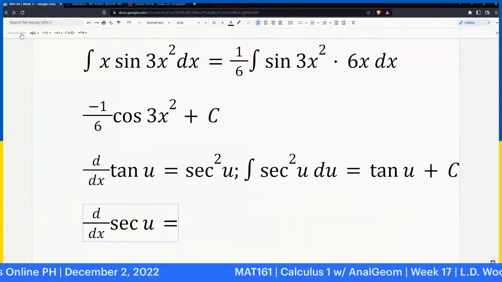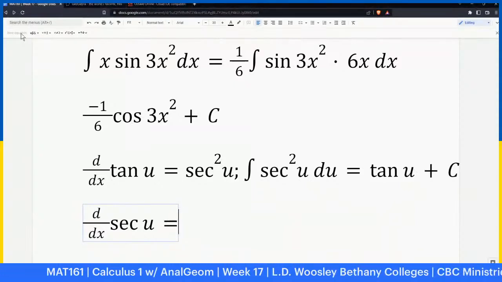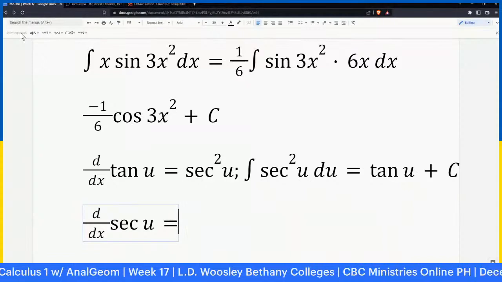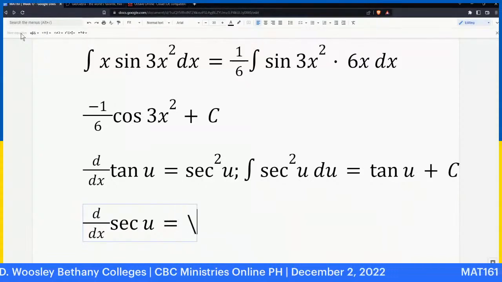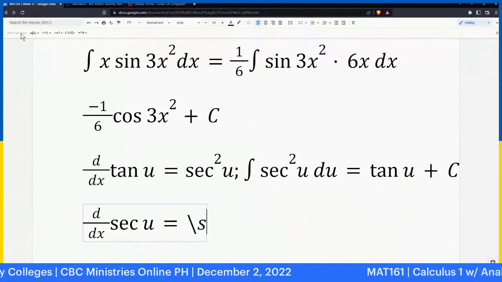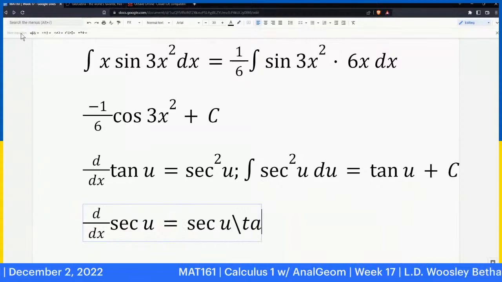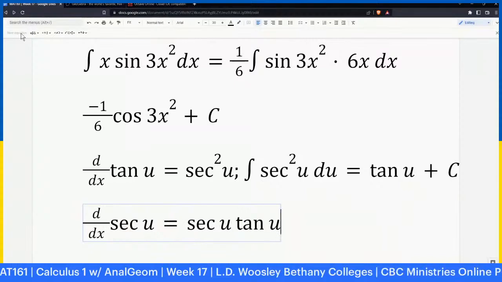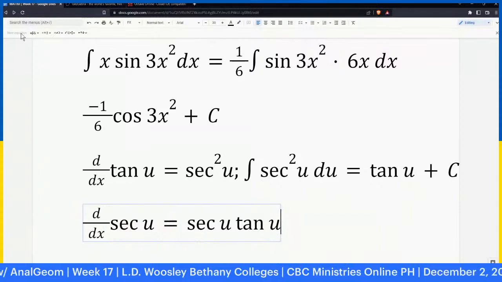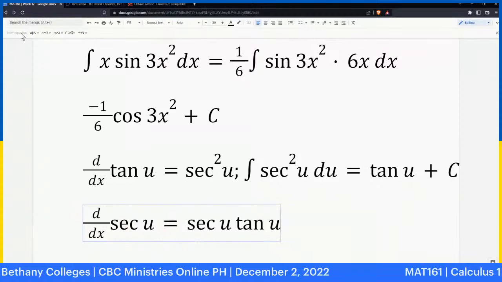Derivative of secant u, guys. Sec u tan u. Ayan. Alright? So, yung converse statement niya, dito na lang sa baba siguro.